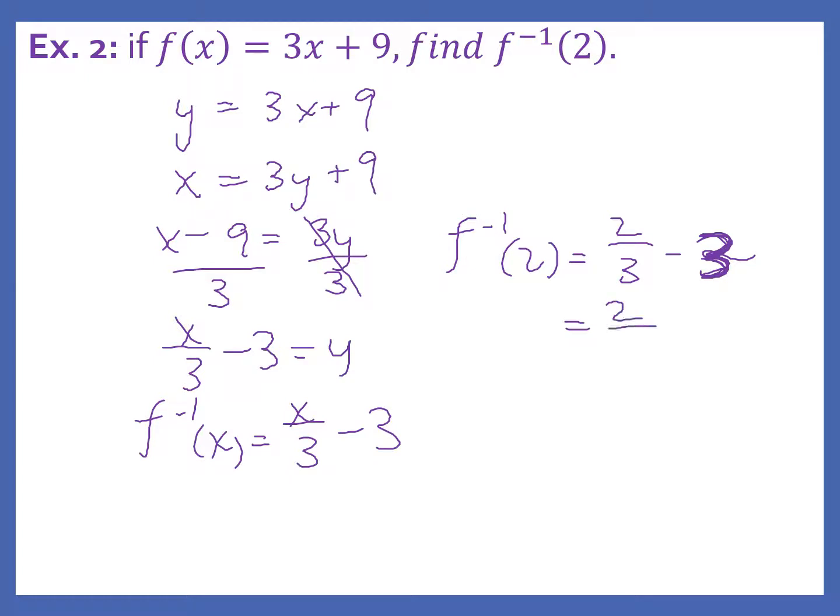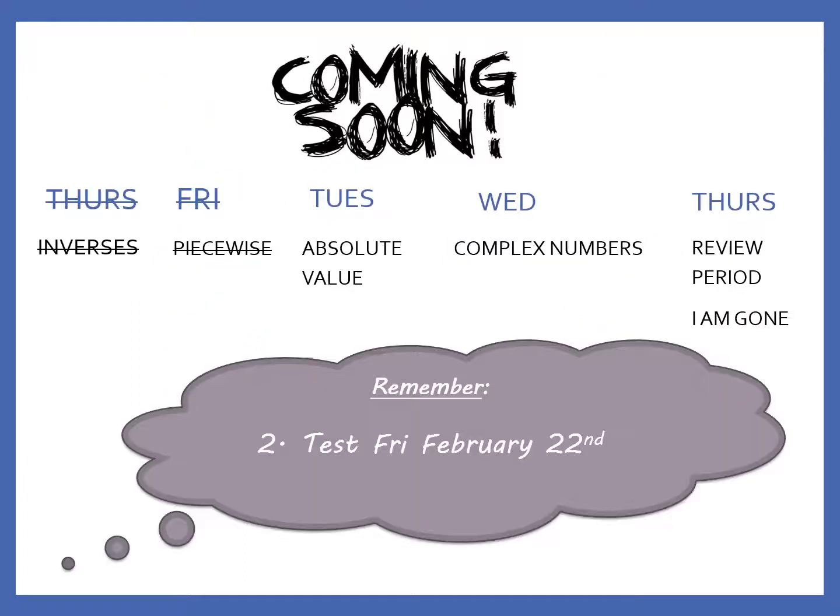It's up to you. Let's do it the show-off way. Let's find a common denominator. So that'd be negative 9 over 3, which would give you negative 7 over 3 as your final answer. And that's it. So very quick, simple, hopefully mostly review lesson for you guys.